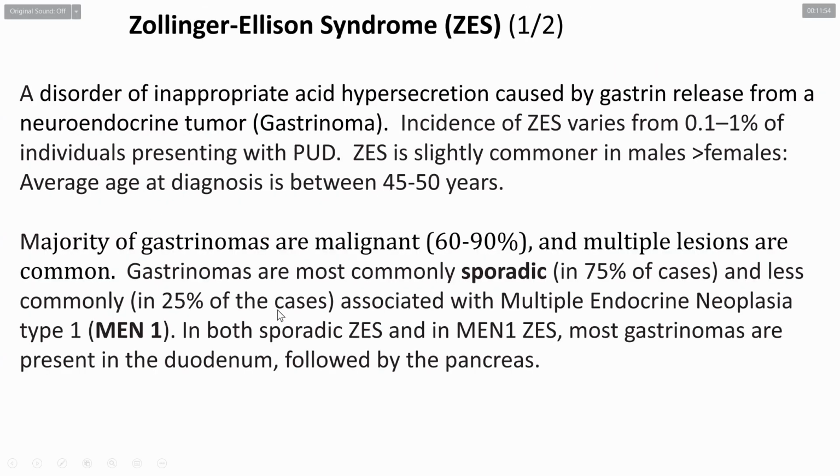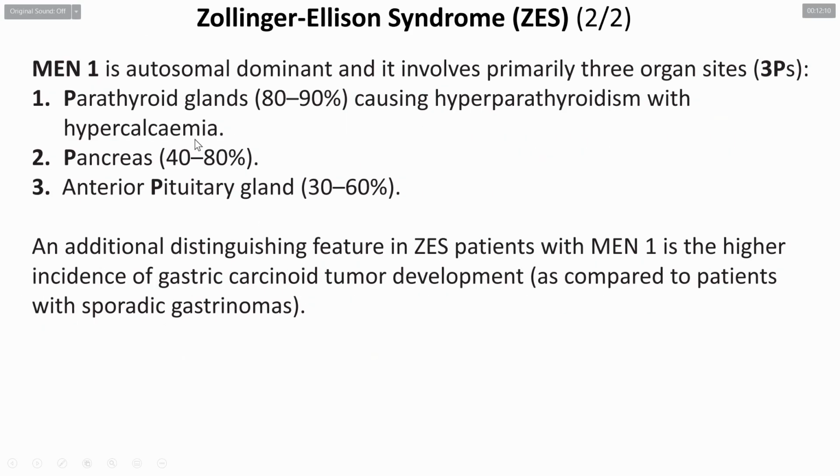I told you that in sporadic Zollinger-Ellison, which is the most common, the site is duodenal. Whereas in MEN 1 alone, which is the rare type, the site is pancreatic and gives you gastrinomas. These are pancreatic gastrinomas most commonly. And they also have pituitary tumors, okay?